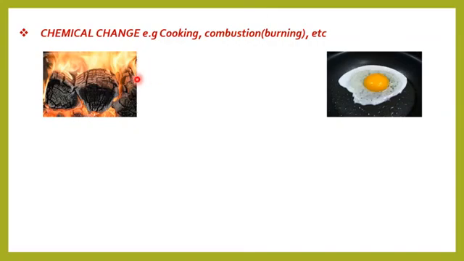So for example, this firewood being burnt here, before, the firewood can be said to contain carbon, hydrogen, and oxygen. But when it is heated completely to form ashes, a different compound called carbon is formed. So you can see a chemical change is involved here.